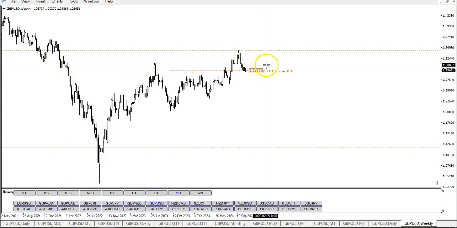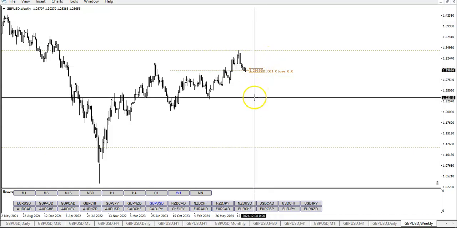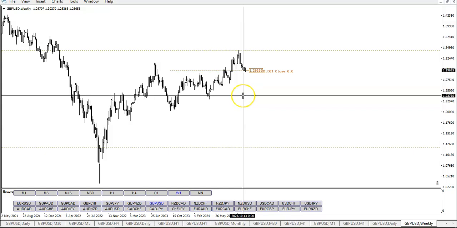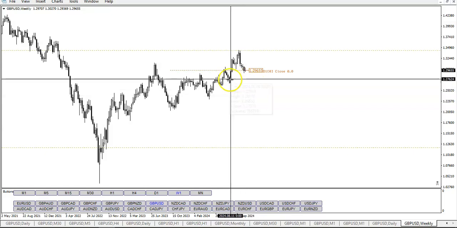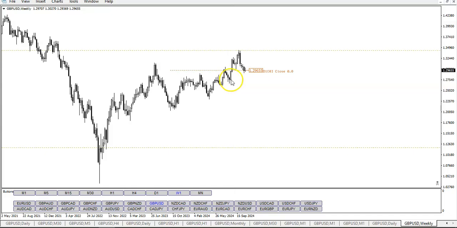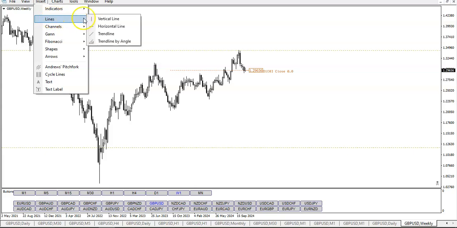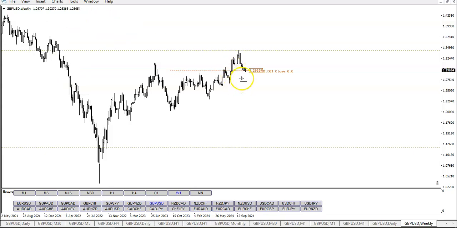Well, there it broke up, and now it's breaking back down. On the downside, I'd probably insert a horizontal line right here at this open. But this is the weekly, so I could have done that on Monday.